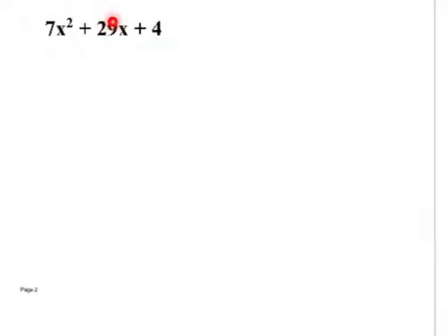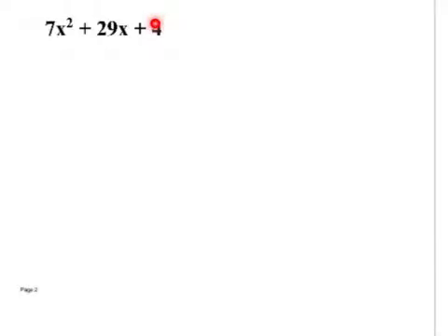Remember how it was add to give you this, multiply to give you this? Now it's add to give you this, multiply to give you this times this. Remember AC? If you look on the slide before, it said m times p equals a times c.